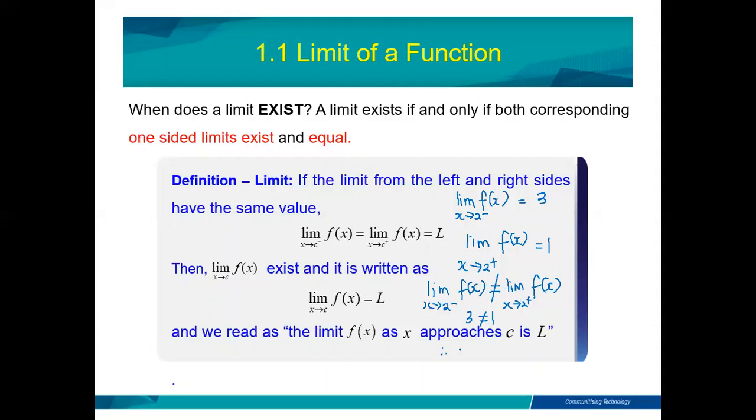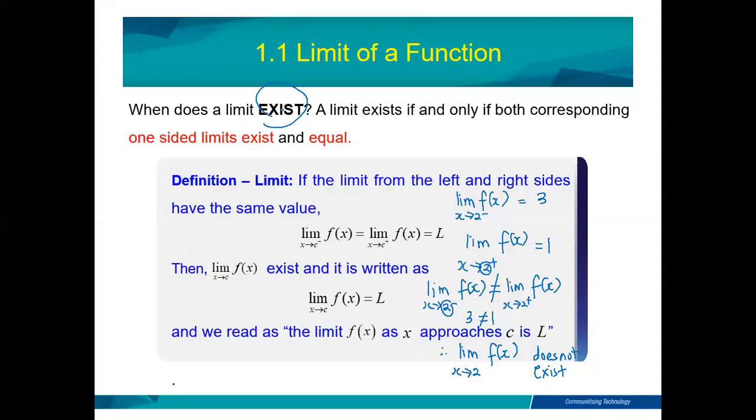So therefore, the limit of f(x) when x approaches 2, from left and from right. What we want to find is the limit of f(x) when x approaches 2. Does it exist or not? Look. It does not exist. Why? Look here. When does the limit exist?